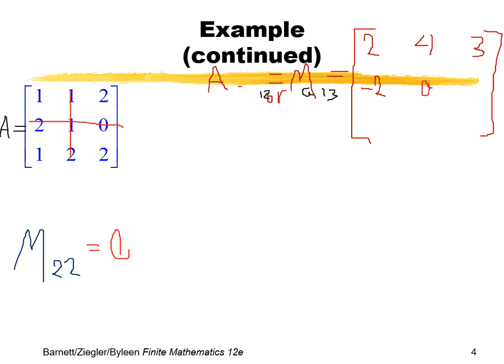Then we want to calculate M23 by cancelling out the second row and the third column. So we have 1, 2, 1, 1. The main diagonal is 2 minus the secondary diagonal, which is 1. So 2 minus 1 equals 1.